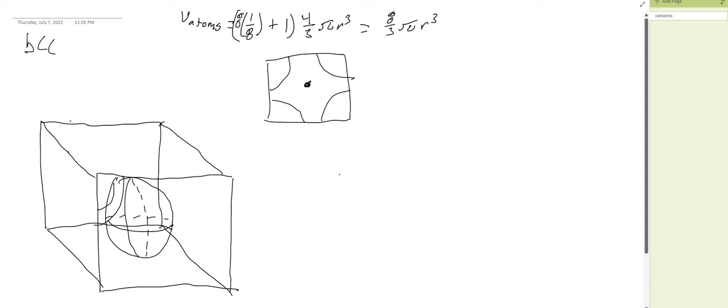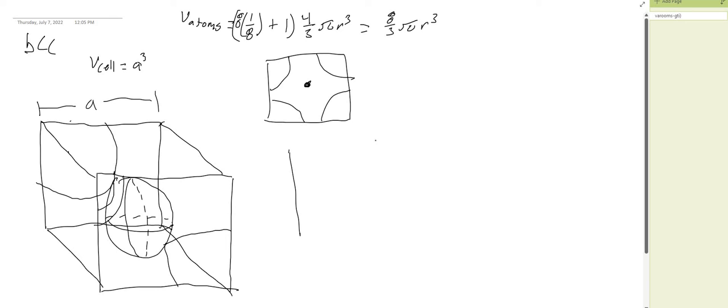It's not in the face. However, the atoms do touch along the main diagonal of the cell. And just as before, we're going to give this A, and we're going to say that V cell equals A cubed.